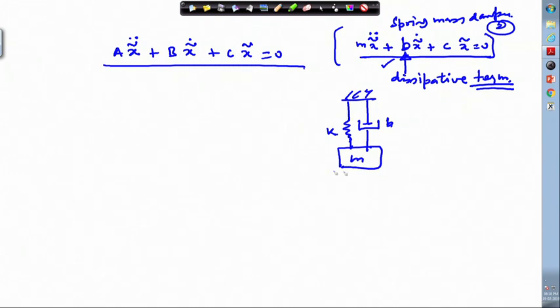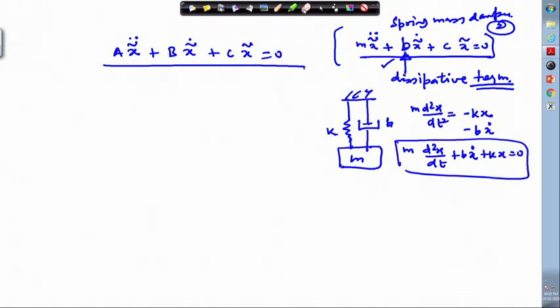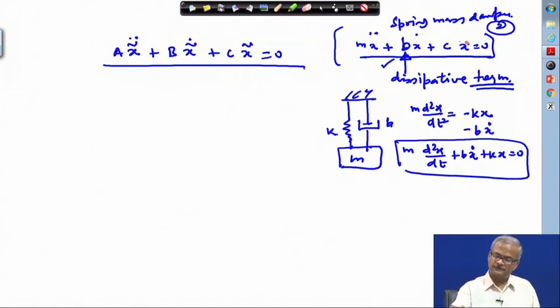Okay. So, how do we write this equation? M times d square x by dt square, this we write as minus k x minus b times x dot. So, this is b x dot plus k x, this equal to 0. This tilde we should not put here, tilde we are using only for a vector.